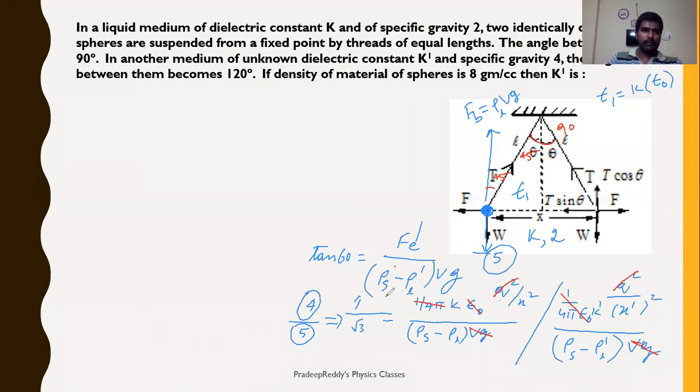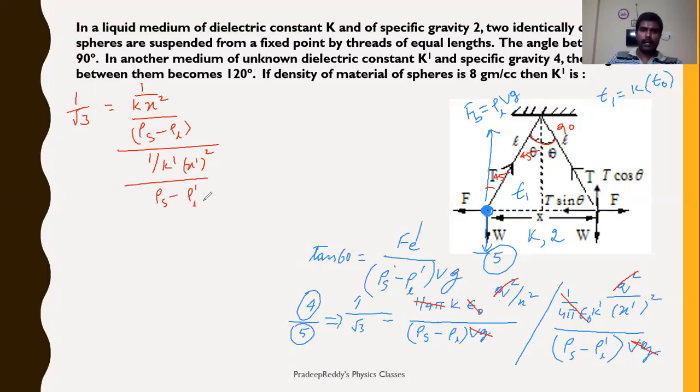Writing those over here, it will be 1 by root 3 is equal to 1 by k x square divided by, leftover is rho s minus rho l, and whole divided by 1 by k dash x dash square divided by rho s minus rho l dash. This is the leftover term.